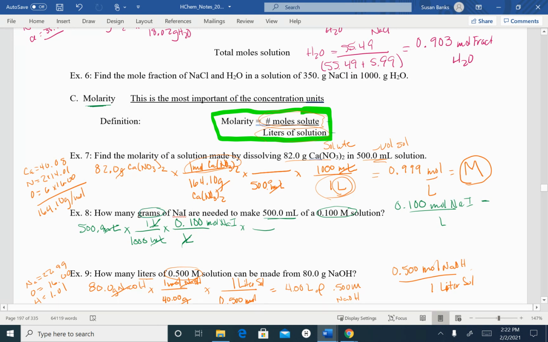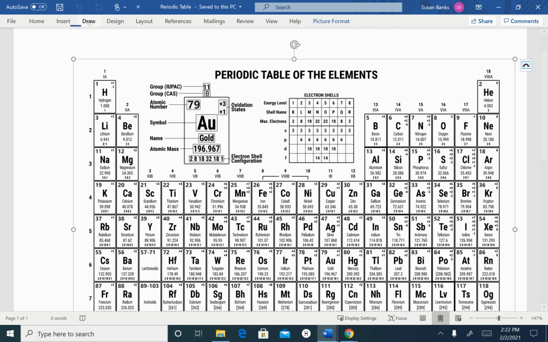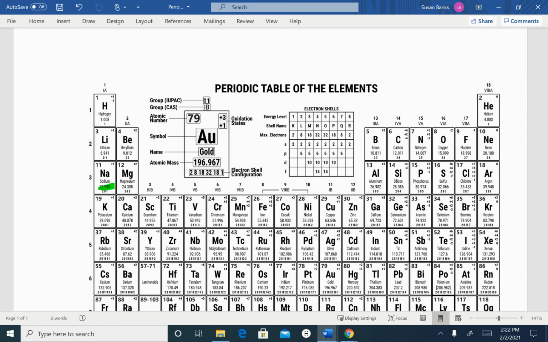Yeah, I can. So in 1 mole of sodium iodide, I need to figure out my molar mass. If I look at my molar mass of sodium, sodium is 22.99. So I'm going to add that up with 126.90.